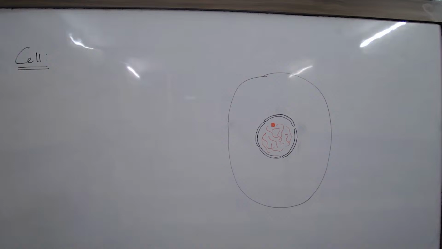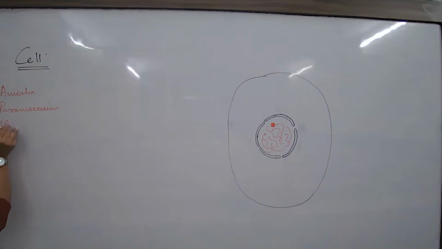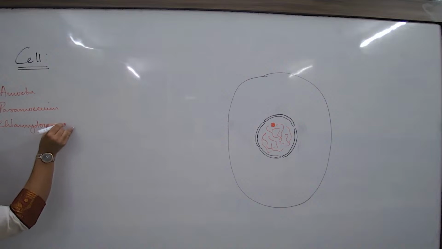The difference is, if I talk about an amoeba, and then I am comparing the amoeba and the paramecium and the chlamydomonas, I may talk about all these examples. What is common in amoeba and paramecium and chlamydomonas? They all are made up of one single cell.